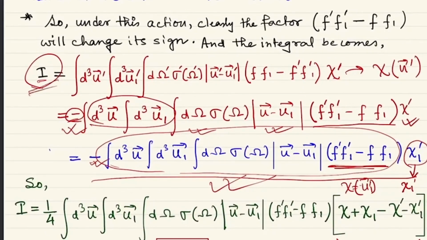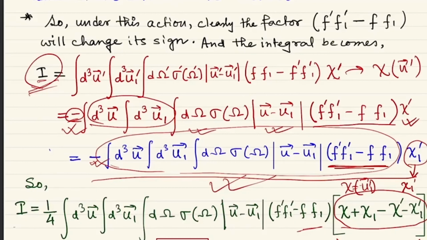to 1 by 4 integration d^3u1 integrated over both the spaces, integration d omega sigma omega modulus of u minus u1, f' f1' minus f f1, times this factor chi plus chi1 minus chi' minus chi1'.